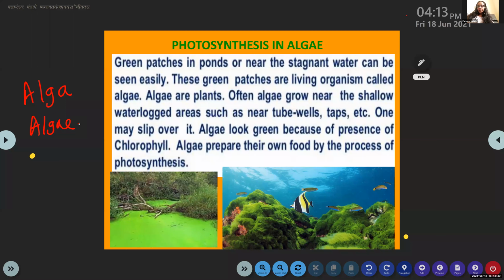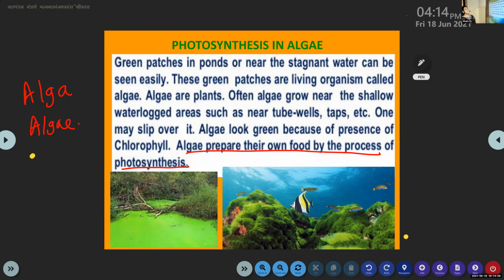Often algae grow near shallow water logged areas such as near tube wells, taps, etc. One may slip over it. Algae look green because of the presence of chlorophyll. Algae prepare their own food by the process of photosynthesis.